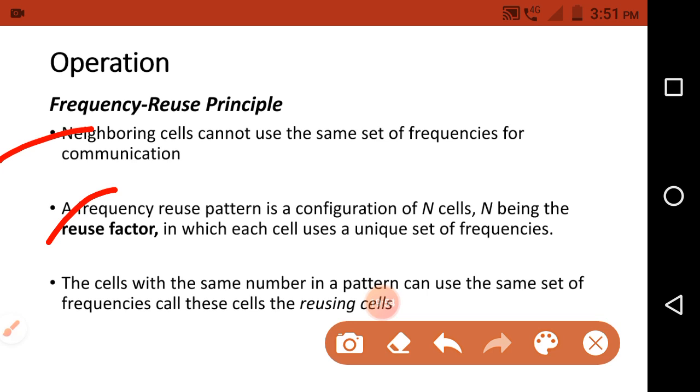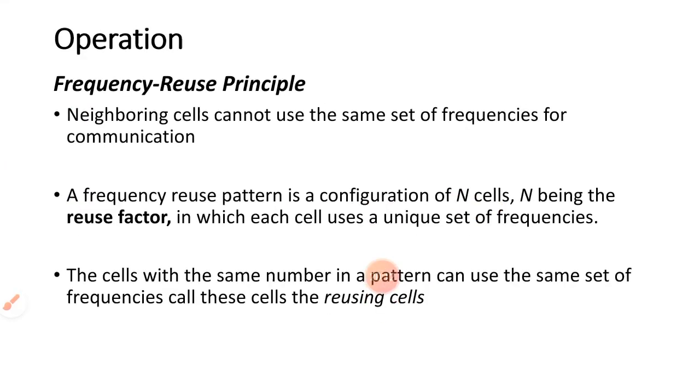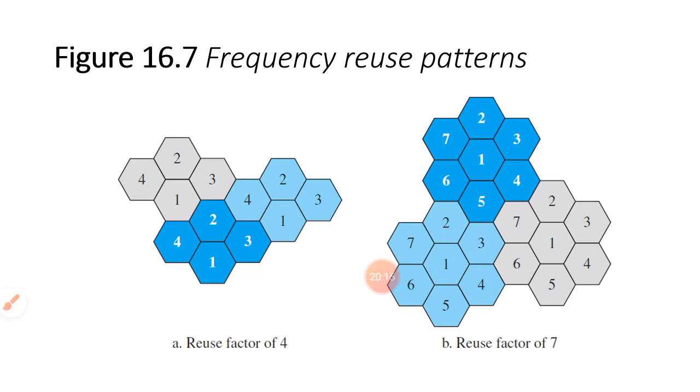How do we reuse the frequency values? By using a configuration of n cells. A configuration of n cells is nothing but making a group, or cluster, of n cells.